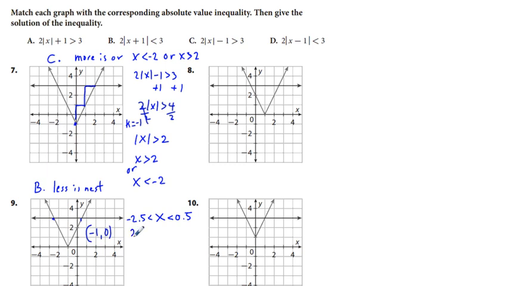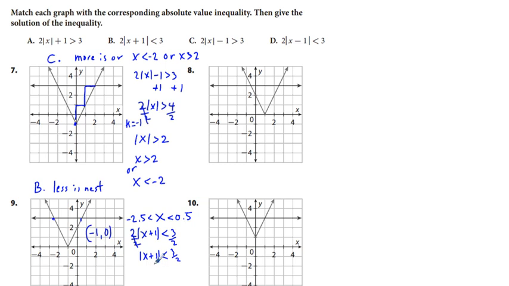Well, 2 times the absolute value of x plus 1 is less than 3. And if we divide by 2, we get absolute value of x plus 1 is less than 3/2.